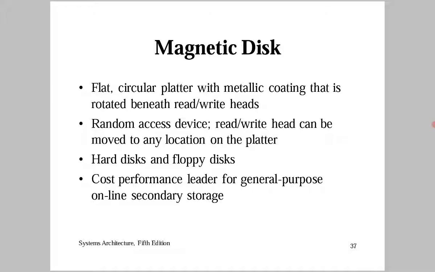So what is a magnetic disk? Magnetic disks are generally used in CD-ROMs and DVD-ROMs, which are used in CDs and DVDs. What is CD? Compact disc. DVD means digital video disc, a digital video recording device.